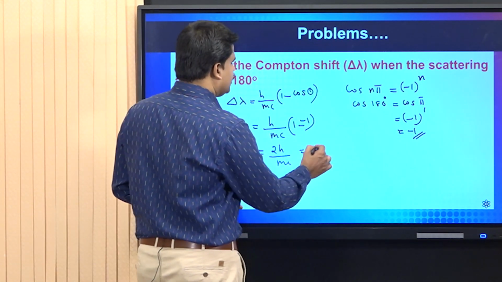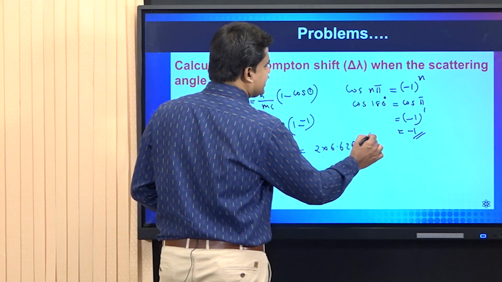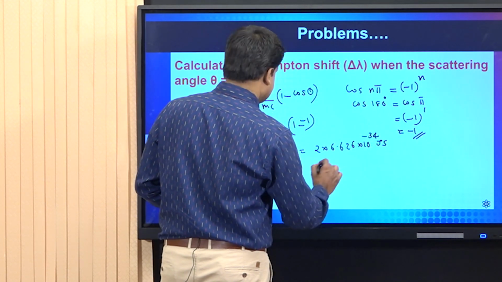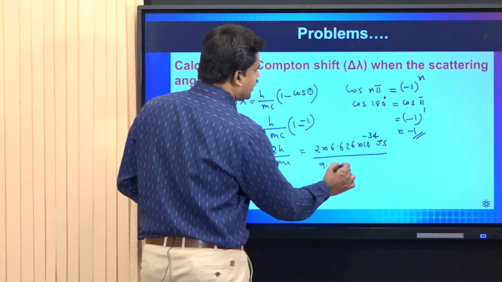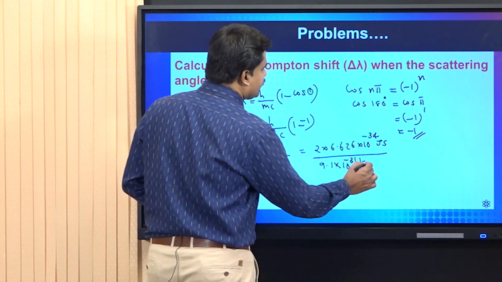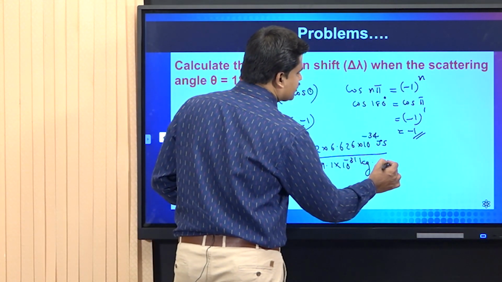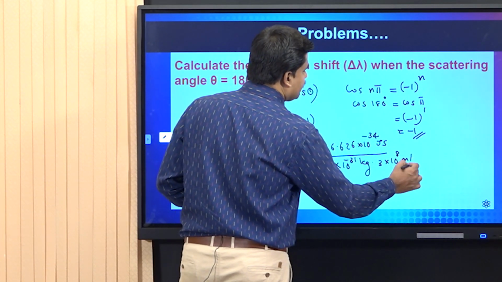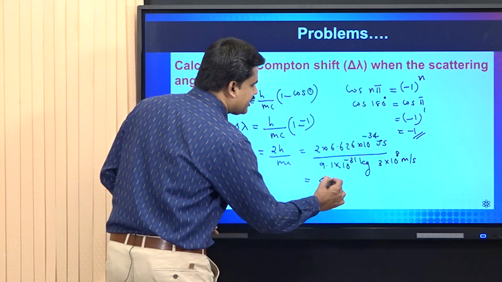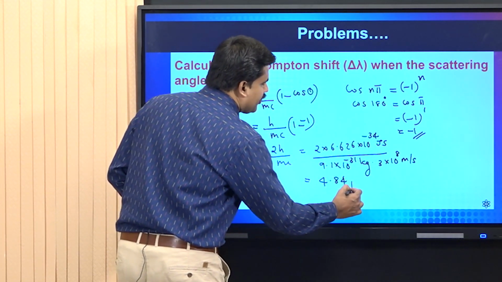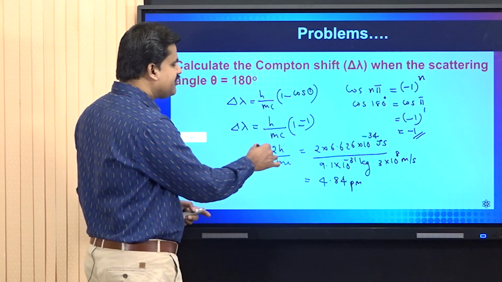On substituting, 2 into 6.626 into 10 raised to minus 34 joule second divided by mass of electron 9.1 into 10 raised to minus 31 kilogram into velocity of light, that is 3 into 10 raised to 8 meter per second. We will get the final value 4.84 picometer.